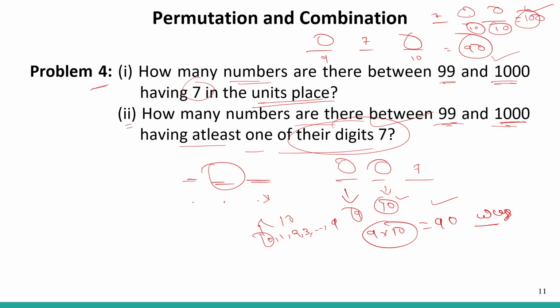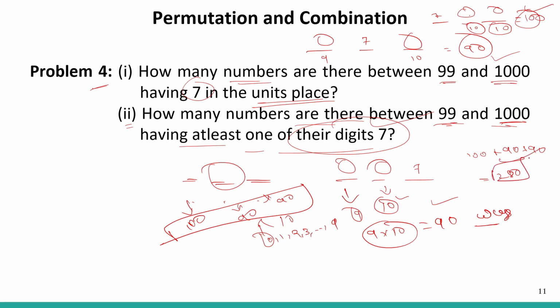So basically there are 100 plus 90 plus 90, that is equal to 280 choices. So basically 280 numbers are there where at least one of the digits is 7 between 99 and 1000.